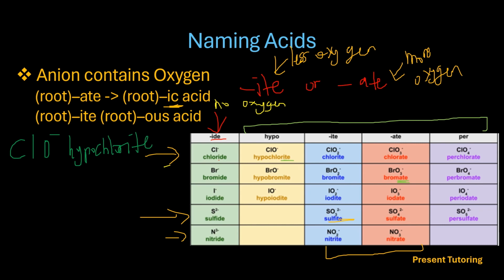The root here is hypochlor. So if I want to name HClO, it's going to be hypochlorous acid.